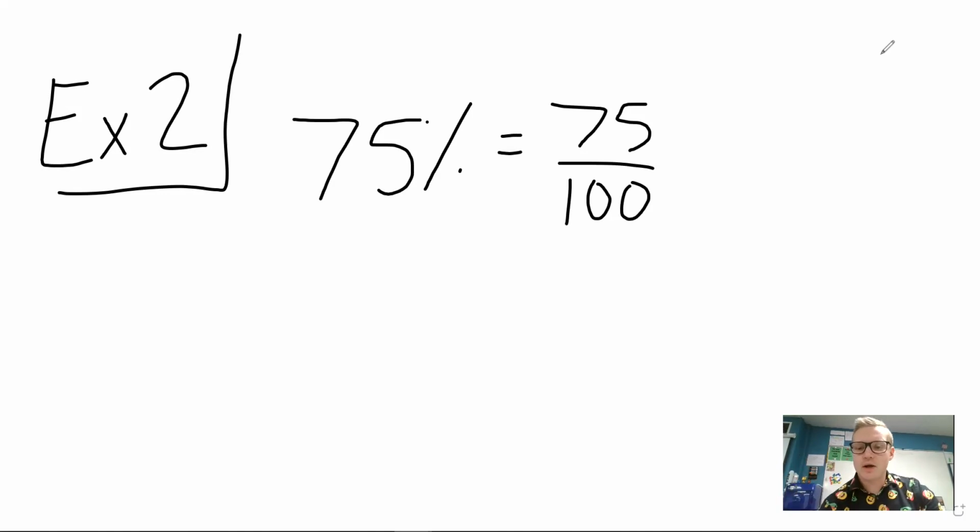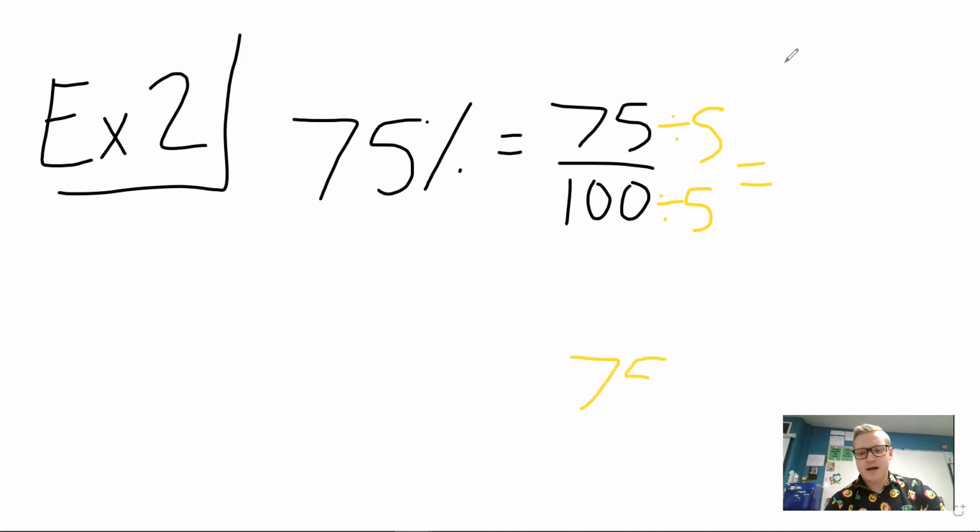So we need to find what goes into both 75 and 100. Well, off the top of my head, I know that 5 goes into 75, and then 5 also goes into 100. I also know 25 goes into both of those numbers, but we're just going to start with 5.